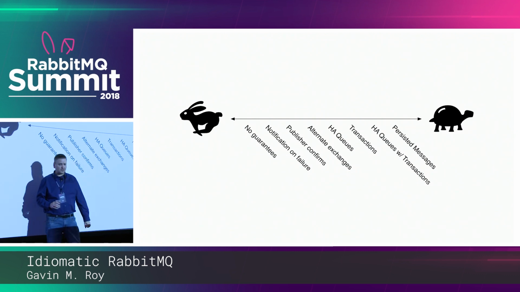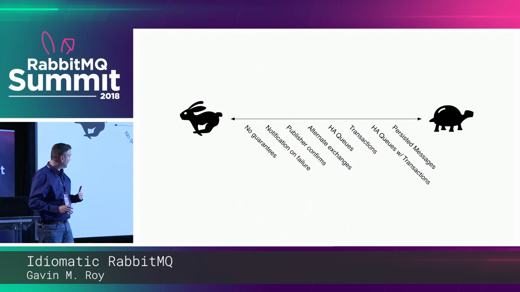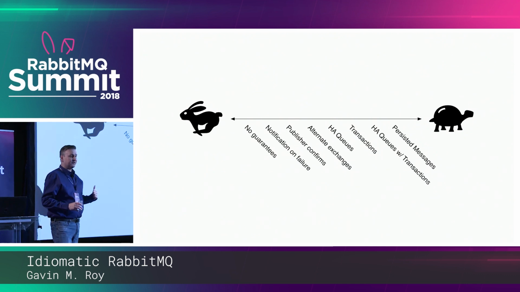Alternate exchanges are not part of the AMQP protocol, but are an extension put in place by Rabbit. Basically, in the case of failure to route a message to where you've said to route it, it'll put it somewhere else.